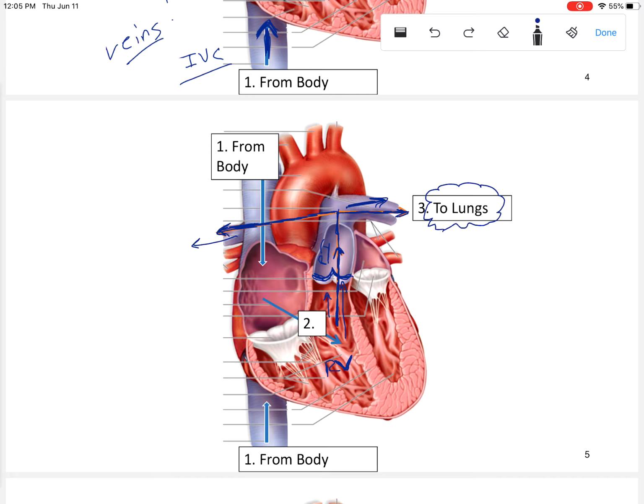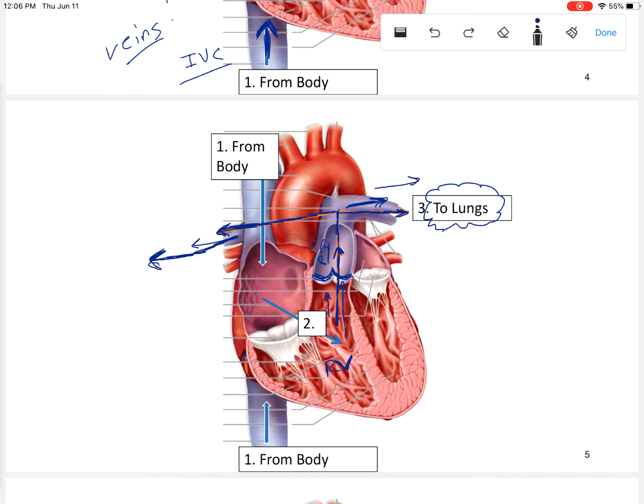Here we see why the pulmonary arteries are blue. These are still considered arteries because the blood is moving away from the heart. But this is the only case in the body where an artery carries blood that is deoxygenated.